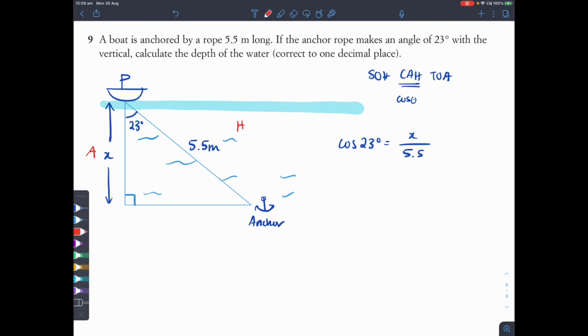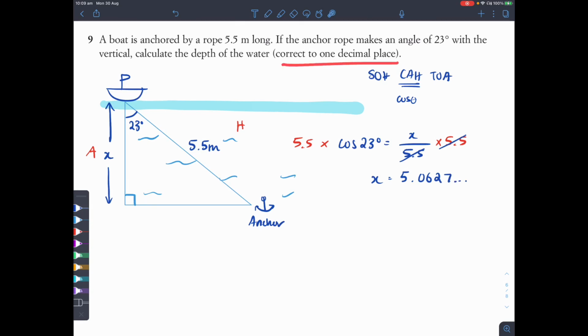So if we now multiply both sides by 5.5 to find out the value of x, we do that because x is on the numerator already, so we have to get rid of that, so we do the opposite. So x will now equal 5.5 times cos 23. 5.5 cos 23 is going to give us 5.0627, and so on.